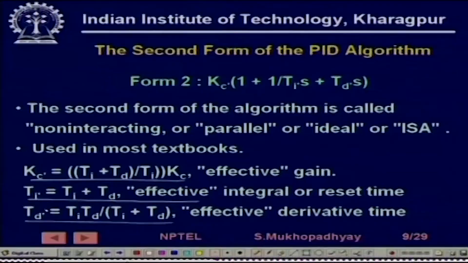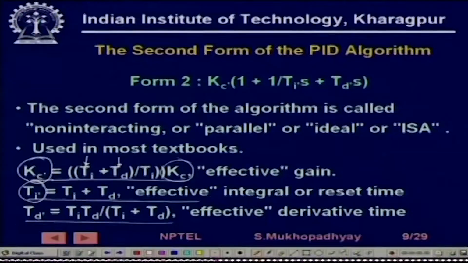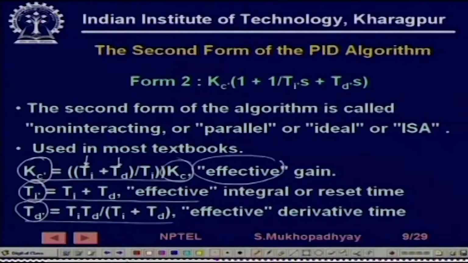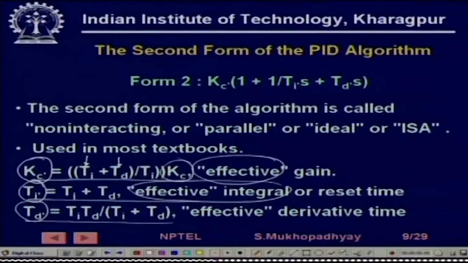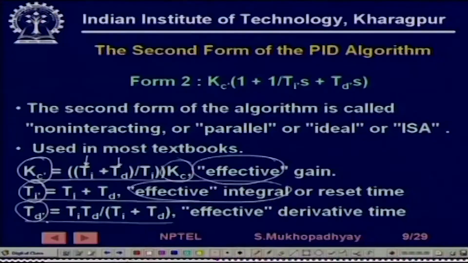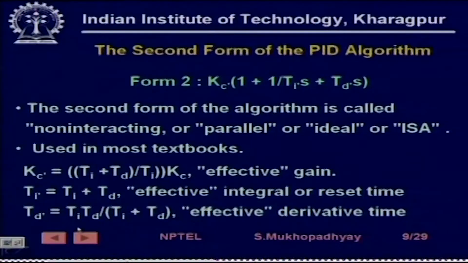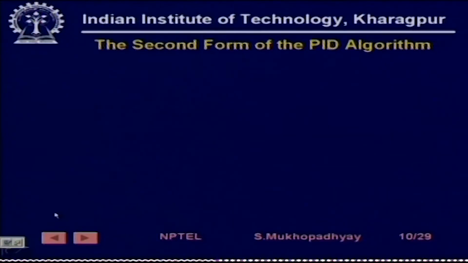So you see that if you set Ti, Td and Kc in the first form, then the actual gain, which sometimes is called the effective gain, and the effective integral time, will not be obtained according to your understanding. Suppose you have read this equation and you are going to a controller which implements the first form, and if you set some values, then the actual values which will be realized will not be equal. So, that needs to be remembered, all right.